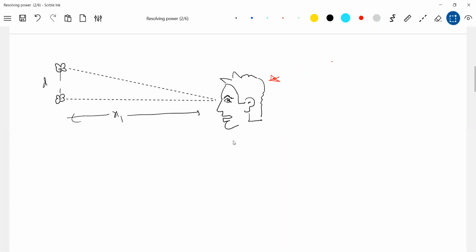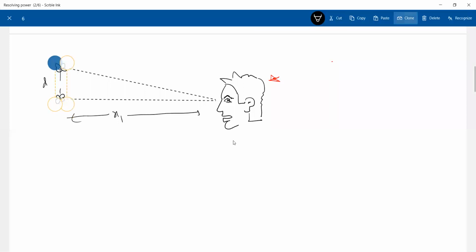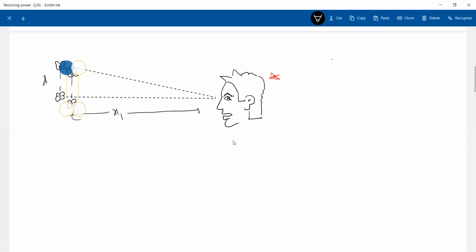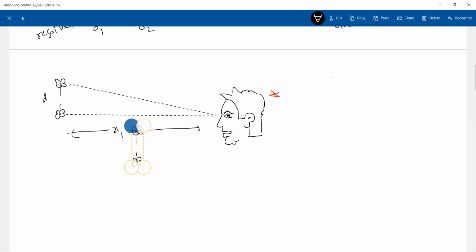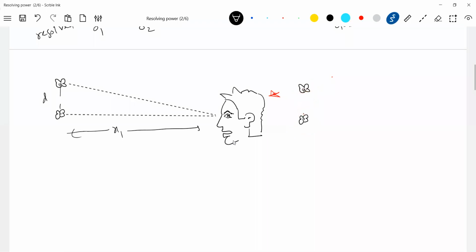In his mind, he will say that there are two flowers. So what it says: two flowers. Now what happened? Let everything be the same.